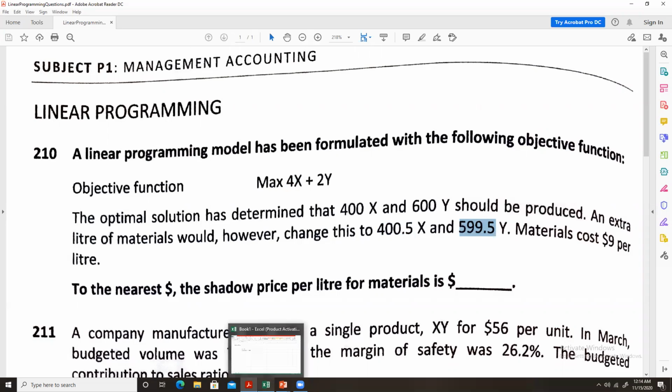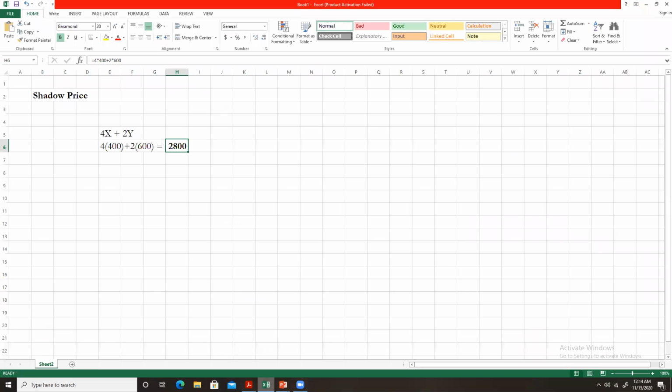So now we will substitute these values and see how much the contribution will change. 4 into 400.5 plus 2 into 599.5.